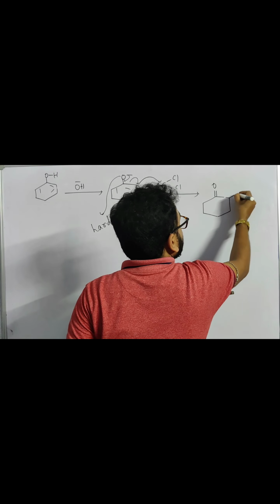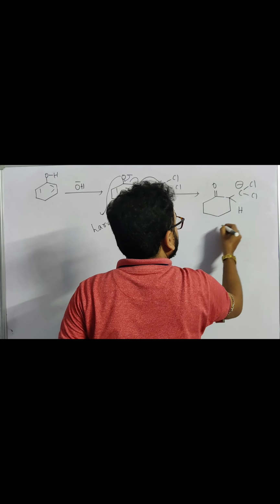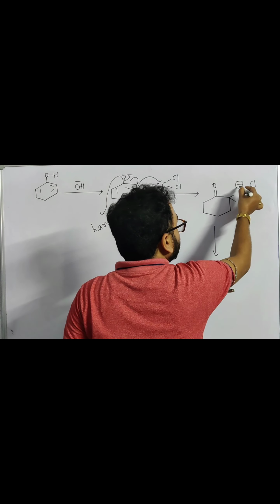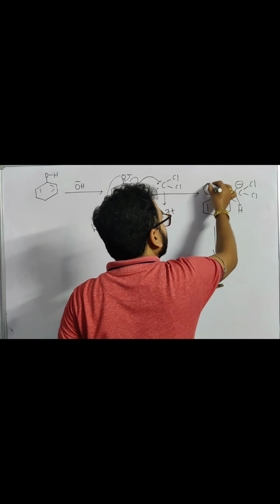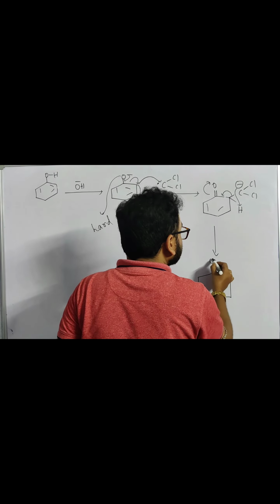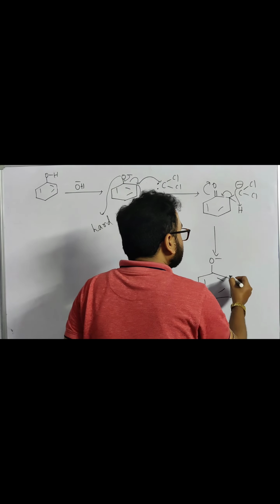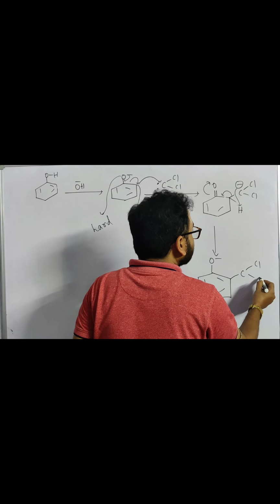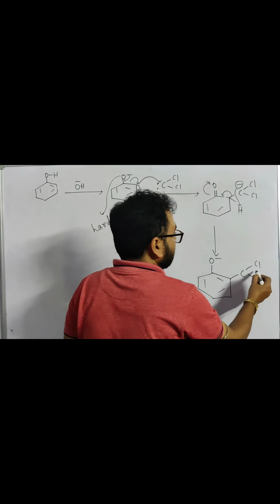We will get this. Now the minus will abstract this hydrogen and the arrow will move in this fashion to regain aromaticity. We know that aromatic compounds are much more stable, so it gains aromaticity through this hydrogen abstraction.